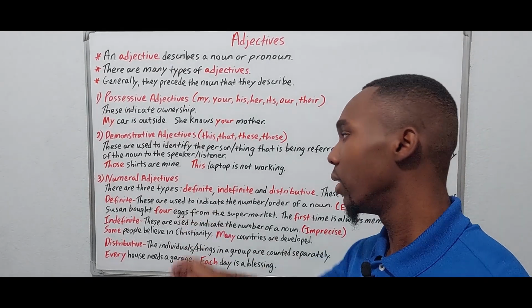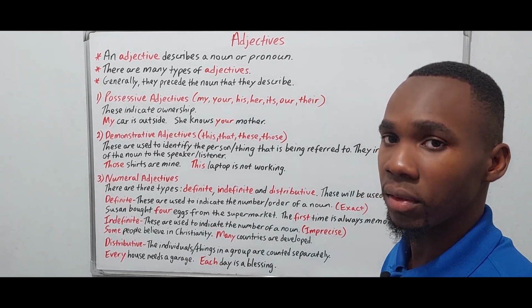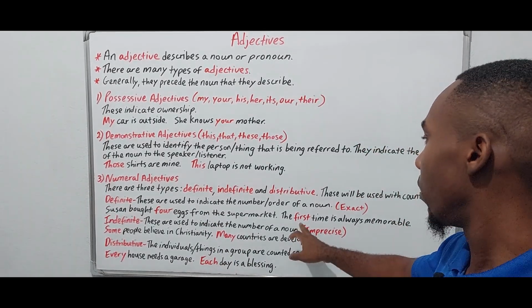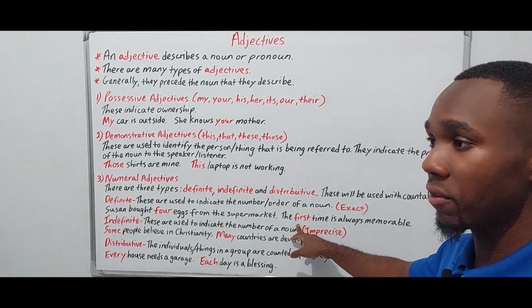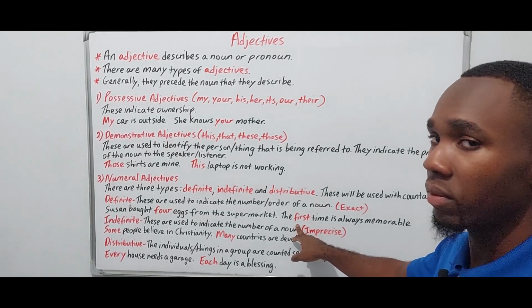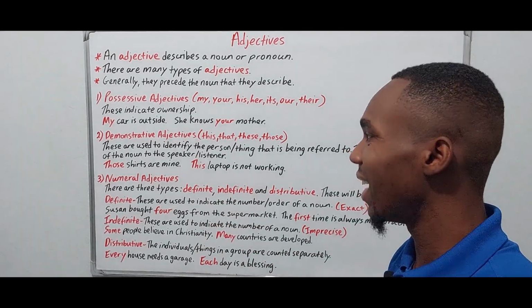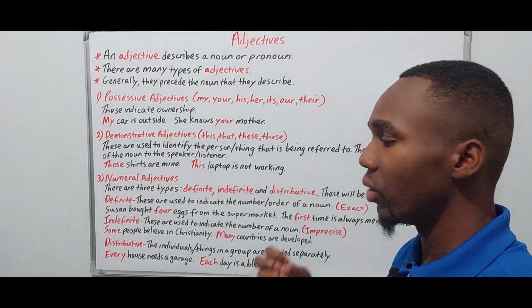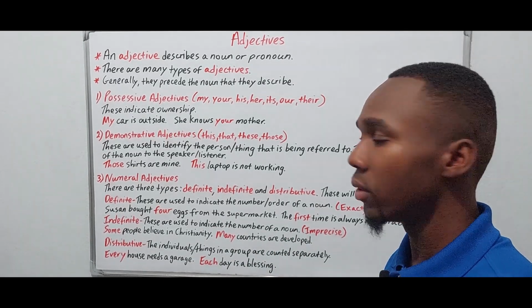So I could say 5, 7, 99, 47, whatever, right? And the exact ordinal is given. So I could say 11th, 10th, 5th, 20th, doesn't matter. These would be examples of definite numeral adjectives. So they give the specific number or order of a noun. Okay?